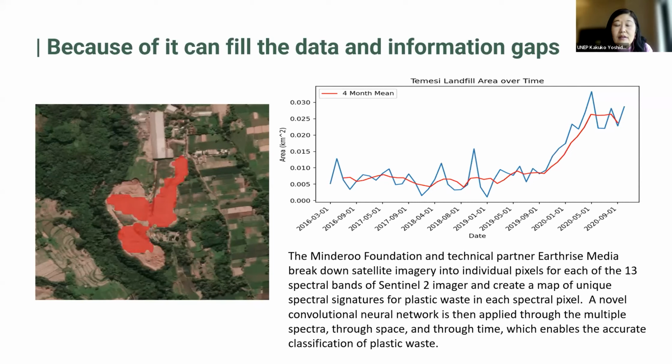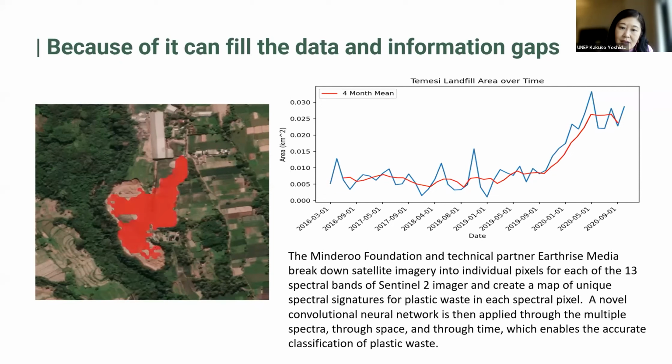We know that information about waste management is one of the most scarce when you try to do an assessment on the state of the environment, and relying on official data coming from the municipal level or the private sector individually will never give us a complete picture of how we are dealing with waste.